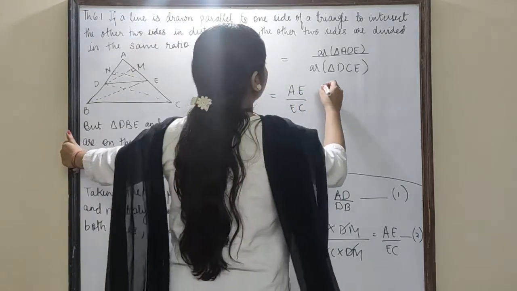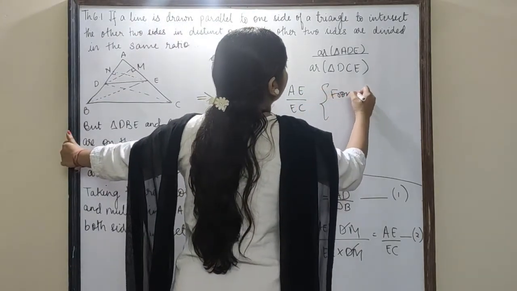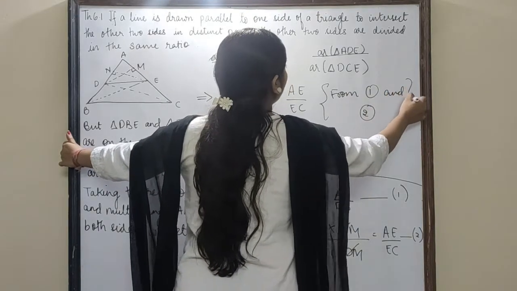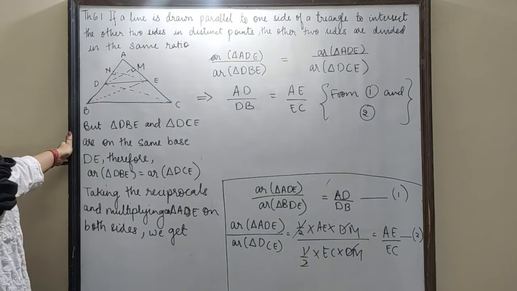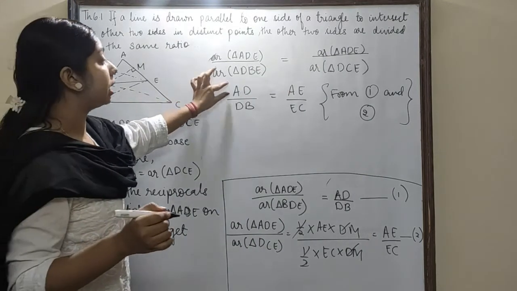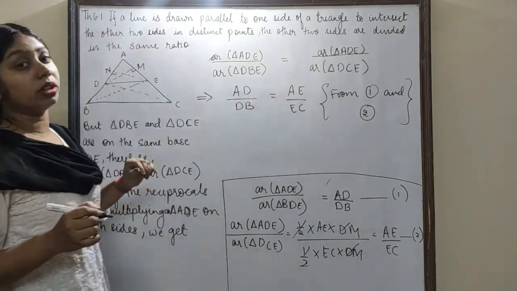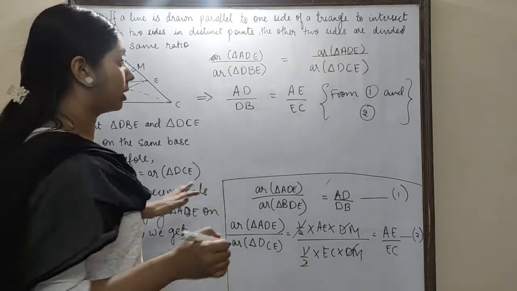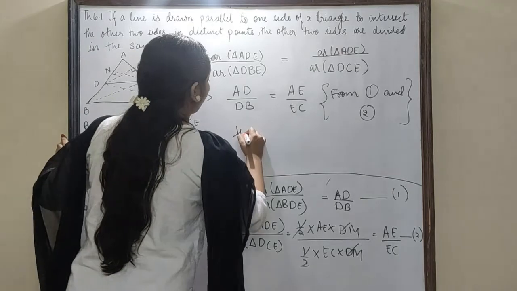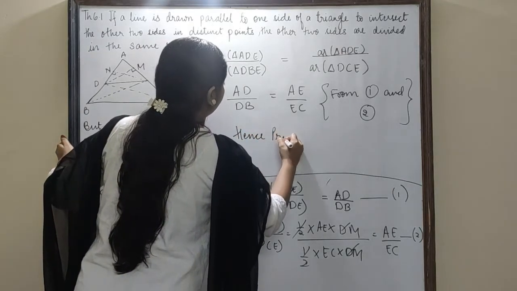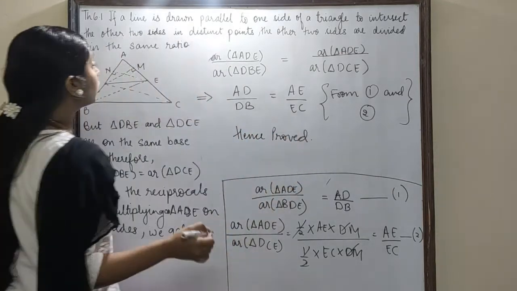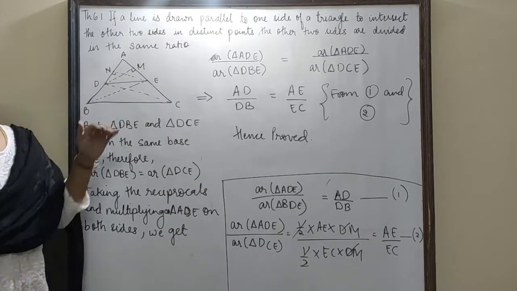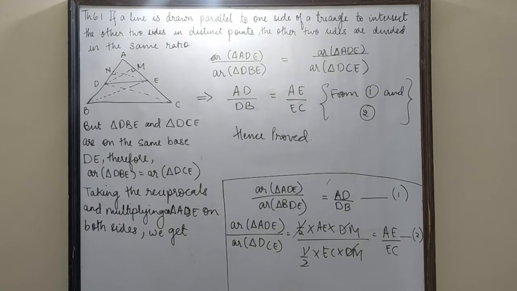In the brackets we write from 1 and 2. From 1 and 2 we get, and we prove now that AD upon DB equals AE upon EC. This is your basic proportionality theorem or Thales theorem. At the end you write hence proved. Is that clear? Now we are going to prove the converse of this theorem. Copy down this much, children. We are going to move on to the next theorem.